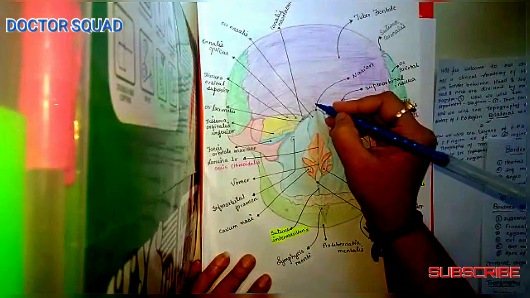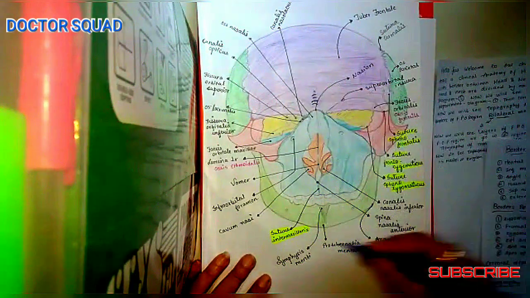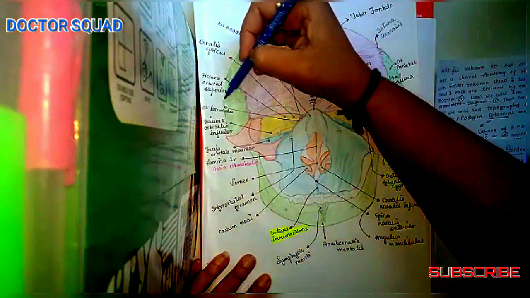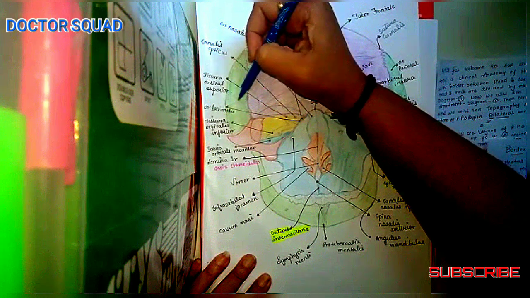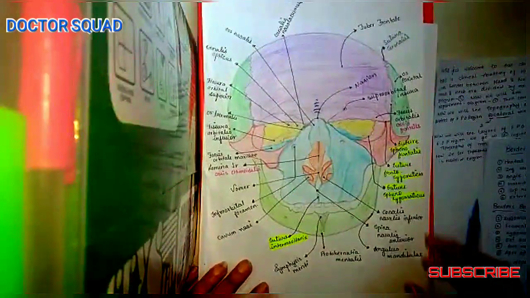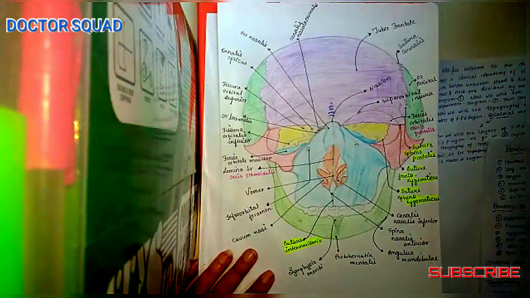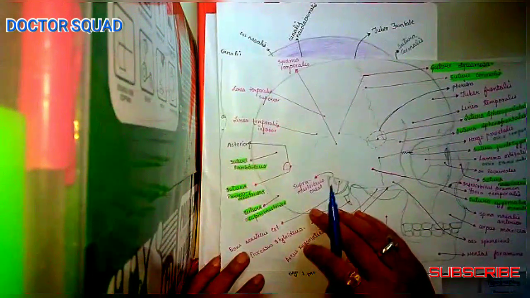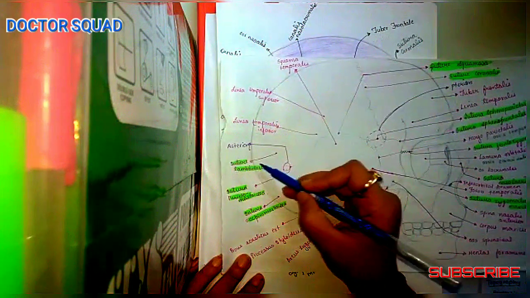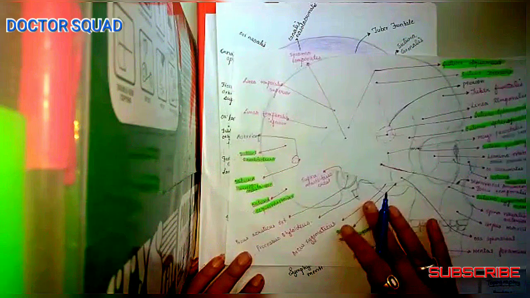Here you can see the glabella and the superior orbital margin. From here the superior temporal line divides the temporal and parietal regions. And posteriorly we have the superior nuchal line, from here to here, and the external occipital protuberance.